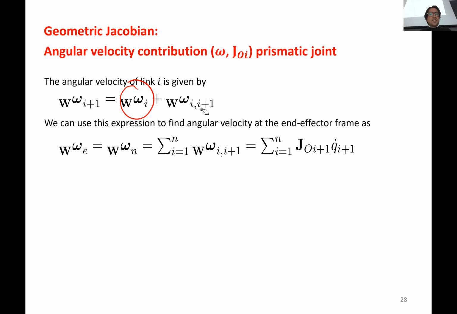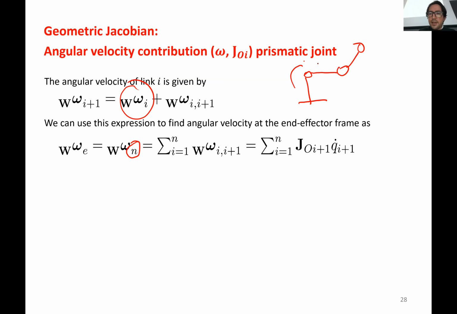So we can use this expression to find the angular velocity of the end effector just by replacing. If n is the number of links that we have, we can just do the sum, which is very straightforward, because for angular velocities you just continuously add, starting from the very beginning of the kinematic chain.